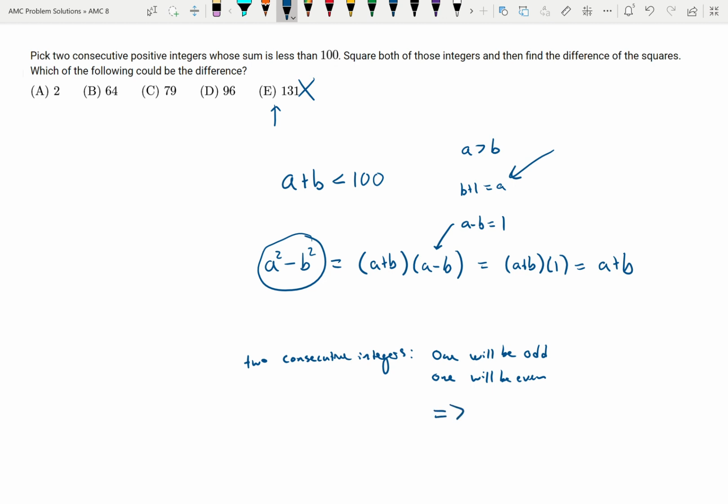Whenever you add an even integer to an odd integer, for example like 3 plus 2, you'll always get an odd integer. So even plus odd will give you an odd integer. Since a plus b is equal to a squared minus b squared, then a plus b has got to be odd. That means a squared minus b squared has to be odd.